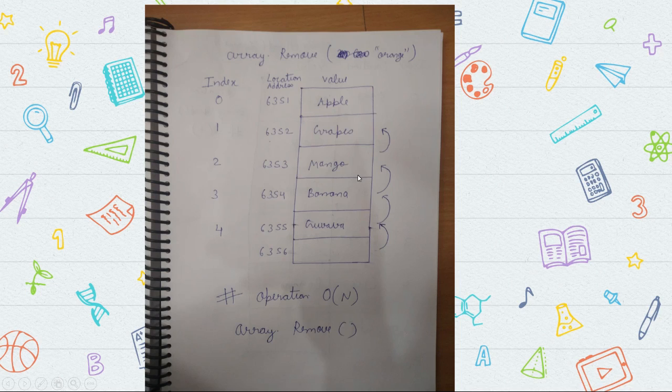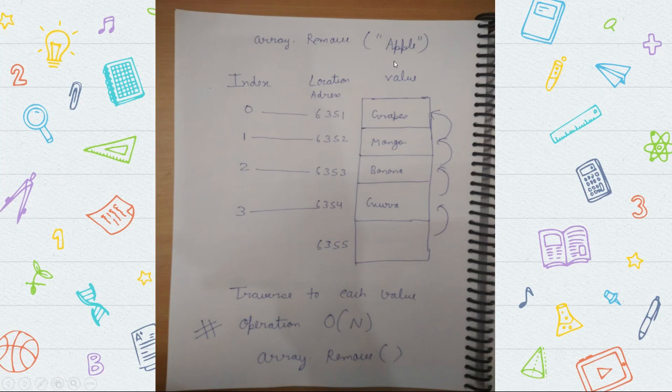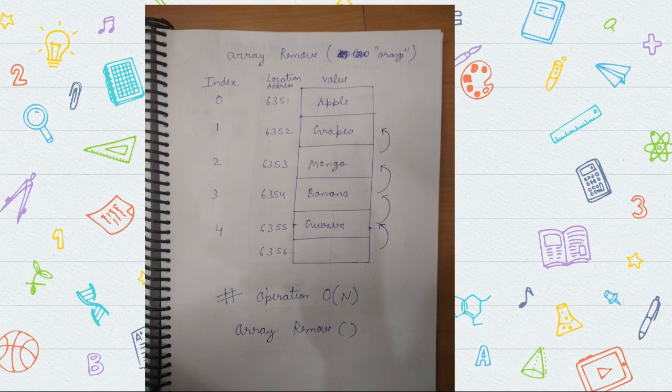Okay, so I am showing you one more example. If in this array I remove apple, so I have removed the first element. You can see that apple has index 0. So now what will happen? It will traverse through all these elements. So grapes will come at the 6351 location, mango will come at 6352 location, banana will come at 6353, and then guava will be 6354.